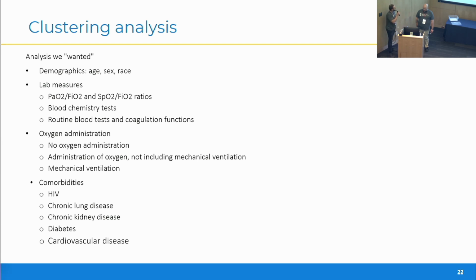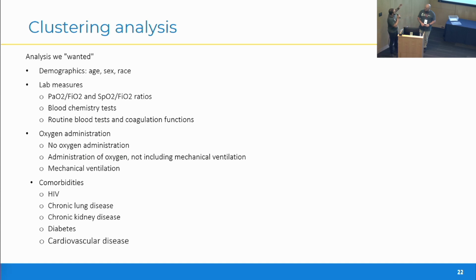So using unsupervised machine learning methods, we can look at all of the different data that we have within our data set, including demographics, the different lab measures, whether they be blood chemistry tests, routine blood tests, different levels of oxygen administration, and comorbidities that may be present within our patients. And can we find patterns of disease severity and use that to determine the prognosis of a patient by just looking at what happens within the first couple days of hospitalization? So that's what we looked to do here.